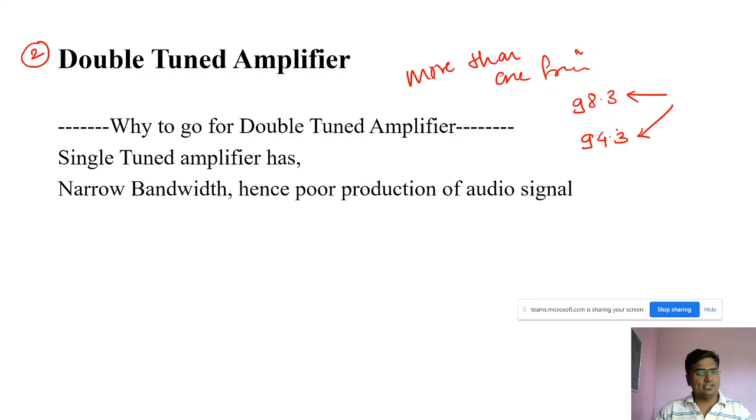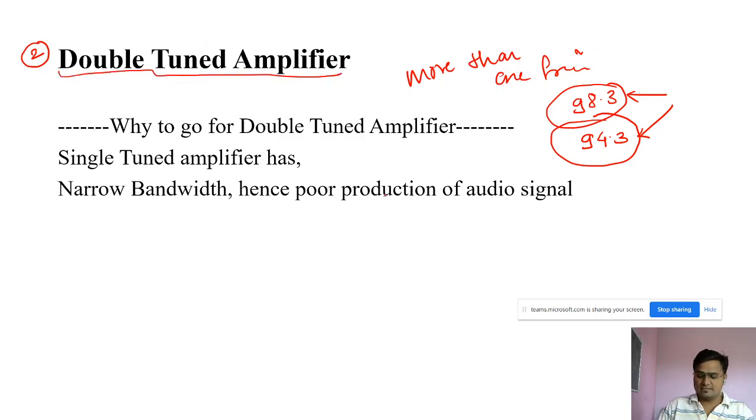It means my tuning circuit is now giving two resonant frequencies. That can be the explanation if I go with the name itself, double tuned amplifier. One can say double tuned amplifier means instead of having a single resonant frequency, this circuit has to provide double resonant frequencies.